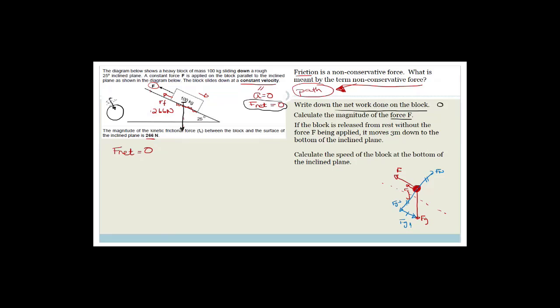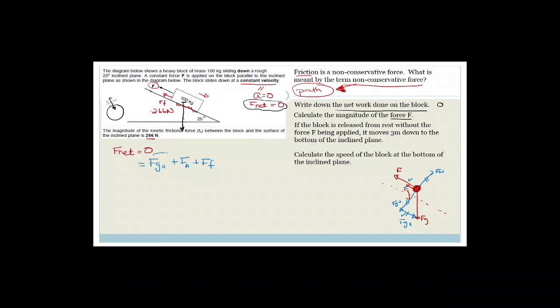Okay, so now if that's the case, those three forces together are acting on the object to make sure that the net force parallel to the surface is 0. So we've got the force of gravity parallel plus the force applied plus the force of friction.